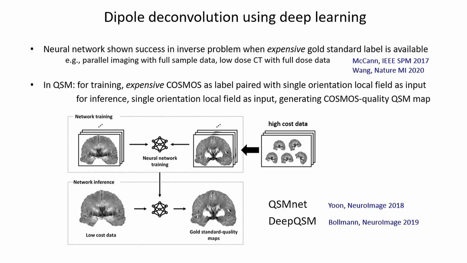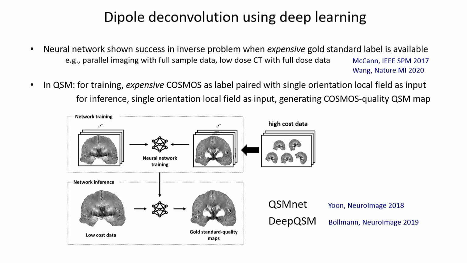When it comes to deep learning, we know that neural nets are very successful in solving inverse problems when there are expensive gold standard labels. For example, in parallel imaging, if you collected full k-space, you can train the network with the undersampled data, so that you can teach the network how to reconstruct the data sets.